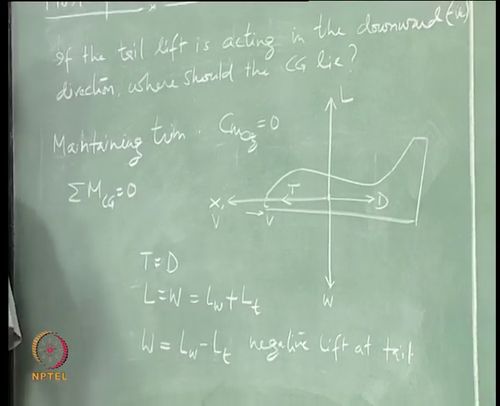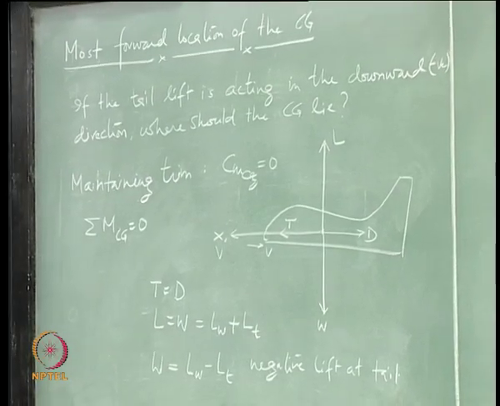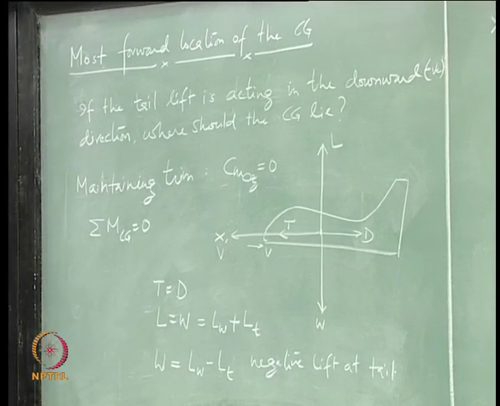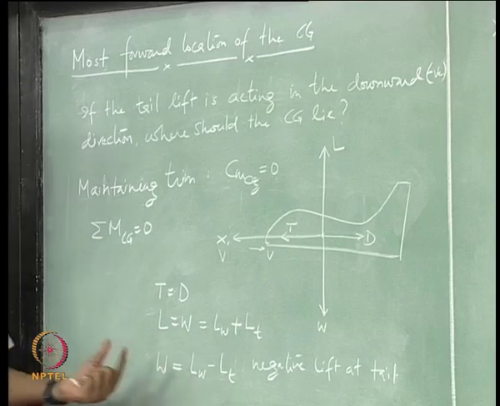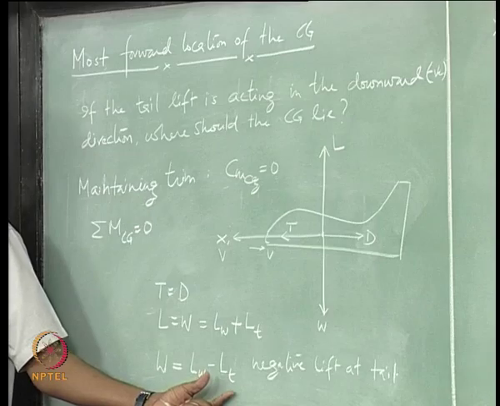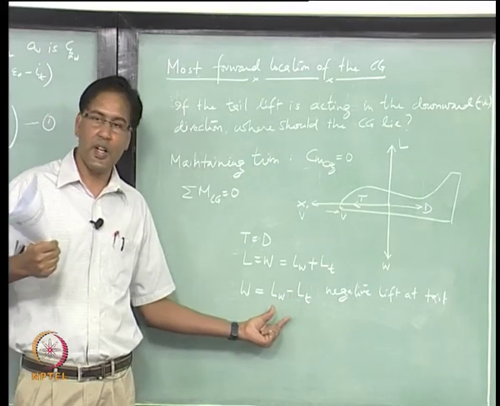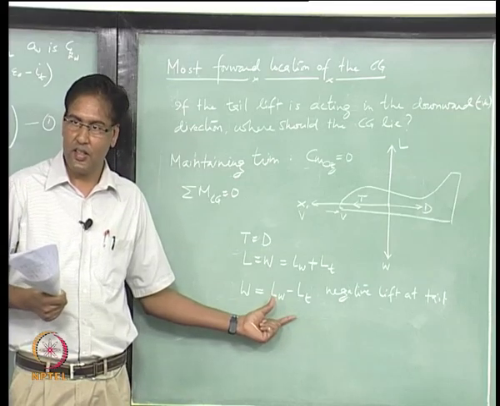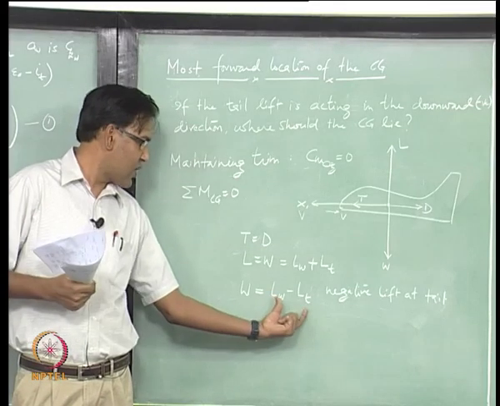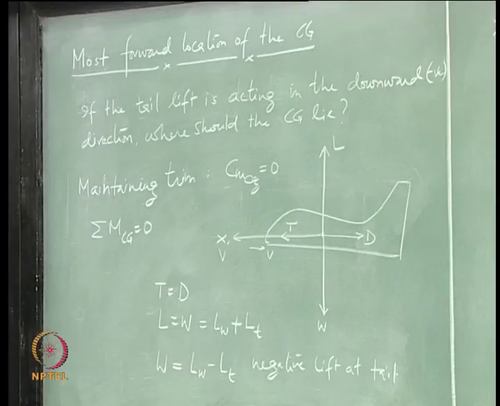So, you have to think about that situation, right, corresponding to delta E maximum, the elevator maximum upward deflection, this L_T max negative, right, can be compensated by the lift produced on the wing, so that this quantity is able to maintain the weight, right.